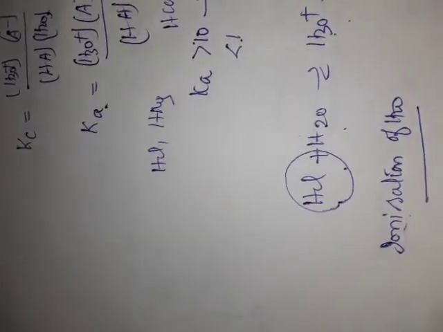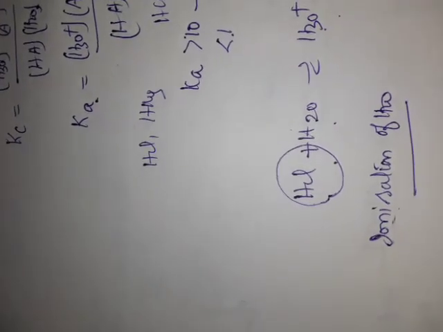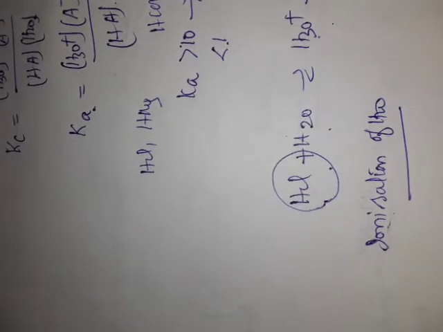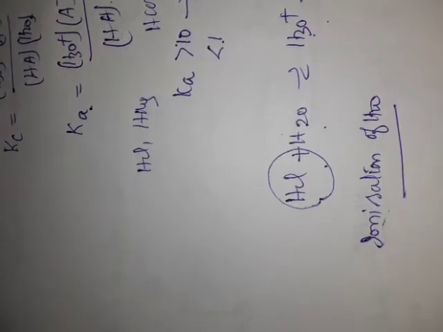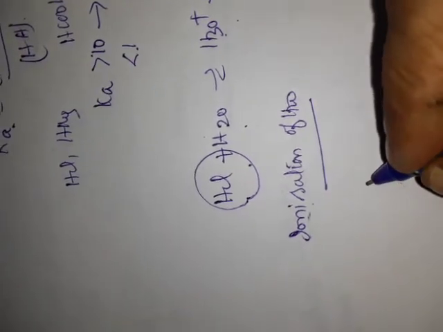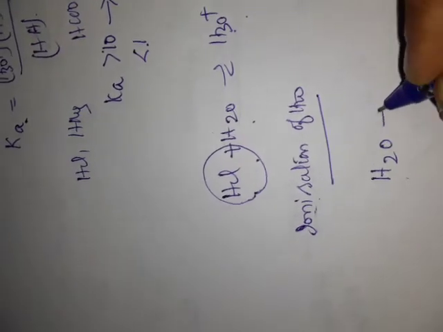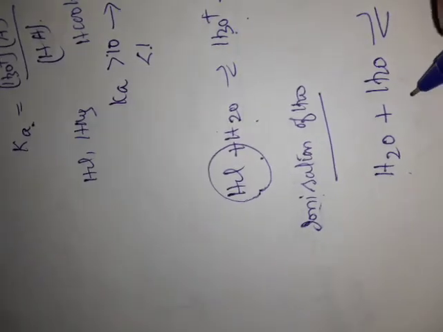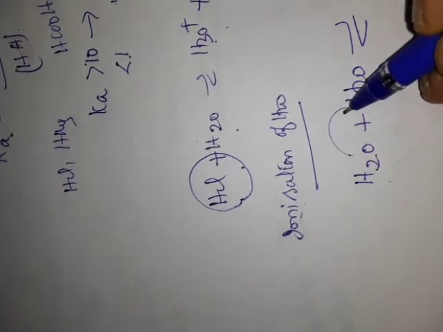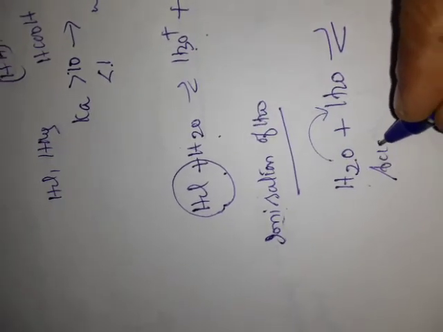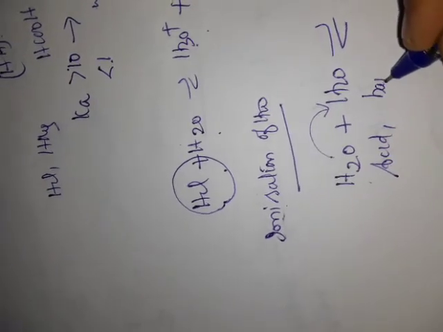Already we have learned that an acid is a substance which can donate a proton and a base is a substance which can accept a proton. Here pure water itself has a little tendency to ionize. For example, take two water molecules, H2O plus H2O. Here this H2O donates a proton to the other one, so this acts as acid 1 and the other is base 2.